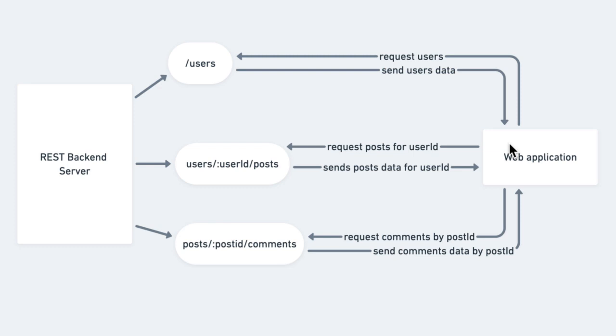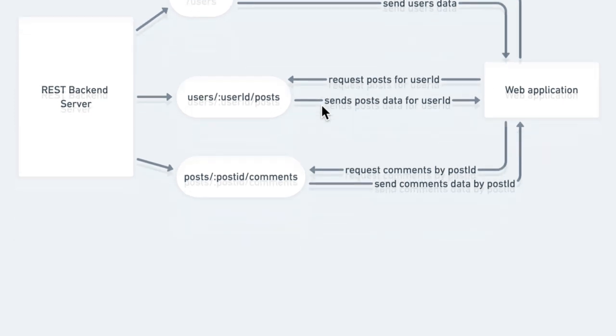Well, these 2 problems are actually the main things that GraphQL tries to solve. Let's look at what GraphQL does instead. So in order to use GraphQL, you actually convert your REST backend server into a GraphQL server.